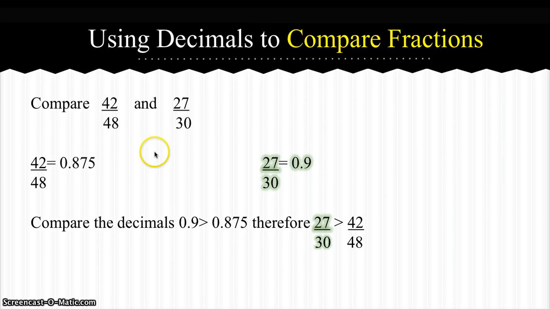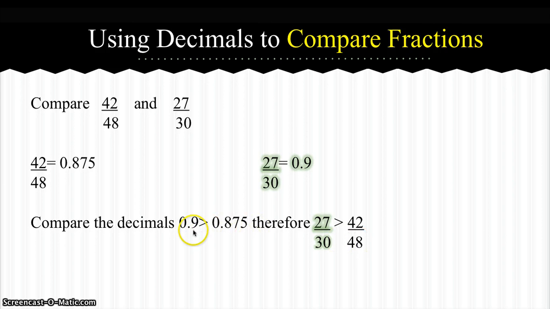It's much easier to compare decimals than it is fractions. So you want to always take that extra step, change it to a decimal, and then compare when you have decimals. In the end, though, they want you to put it back in fraction form. So 9/10 was 27 over 30ths. So 27 over 30ths is greater than 42 over 48.